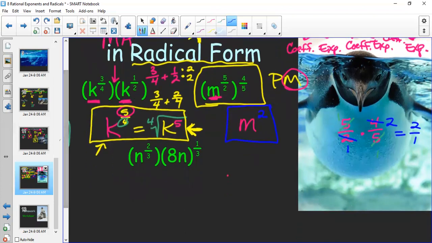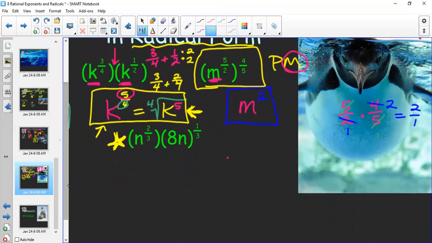All right, now this last one, your test does not get this difficult, but I threw in this one just as a challenge. We have two types of problems, okay? We see multiplication here, but we also see a power problem there. So if I'm thinking about PEMDAS, what comes first, multiplication or exponents?